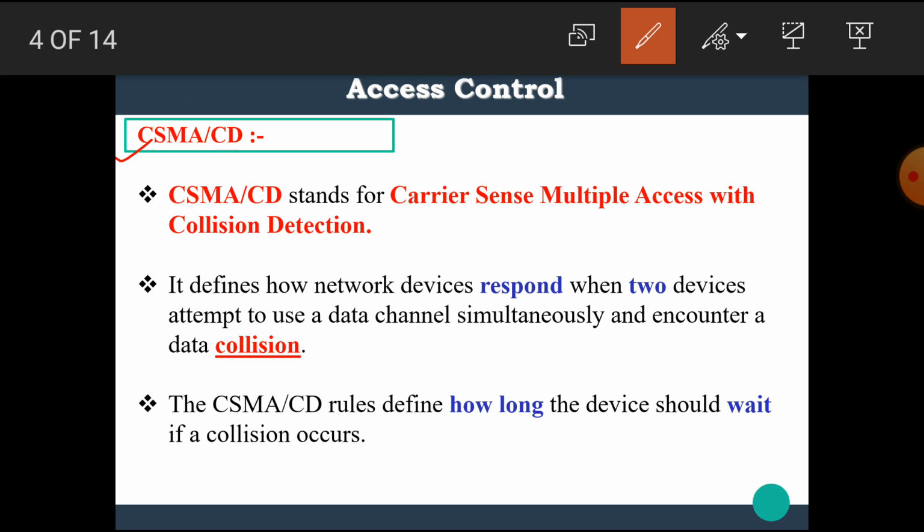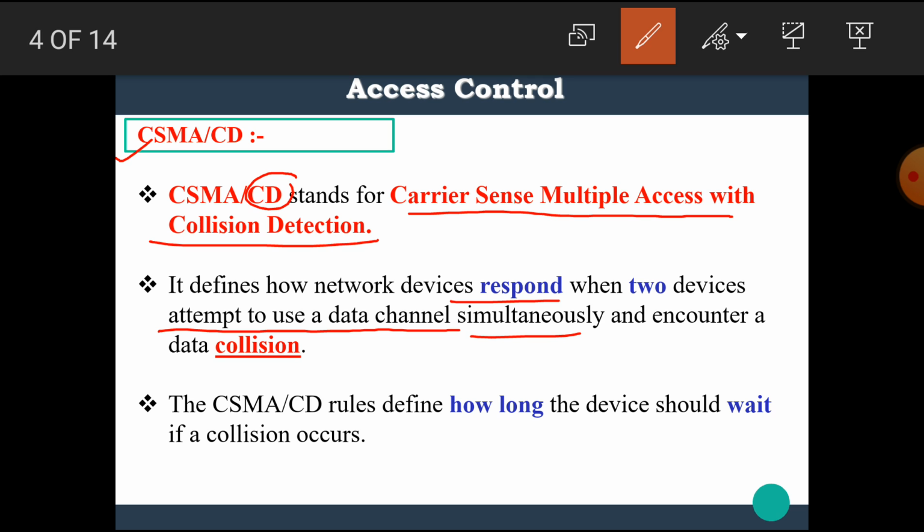CSMA-CD stands for Carrier Sense Multiple Access with Collision Detection. That means here CD stands for collision detection. It defines how network devices respond when two devices attempt to use the data channel simultaneously and encounter a data collision. The CSMA-CD rules define how long the device should wait if a collision occurs.